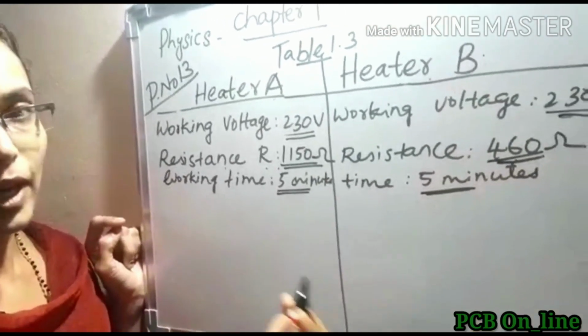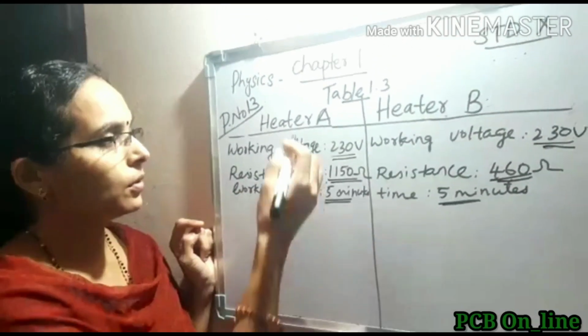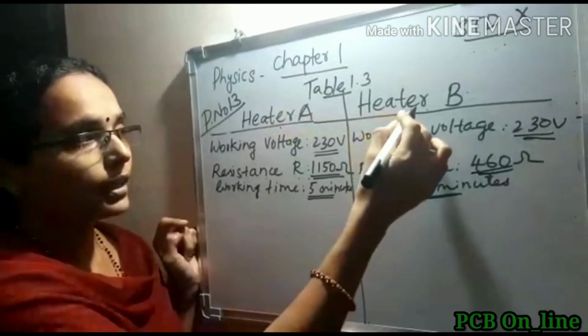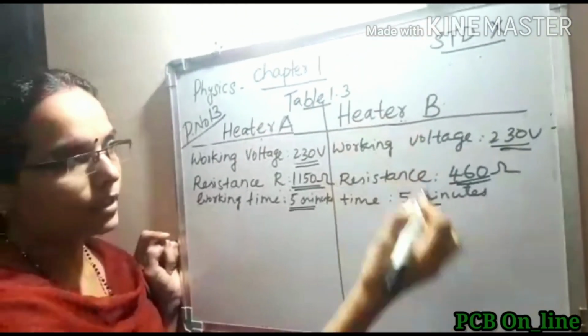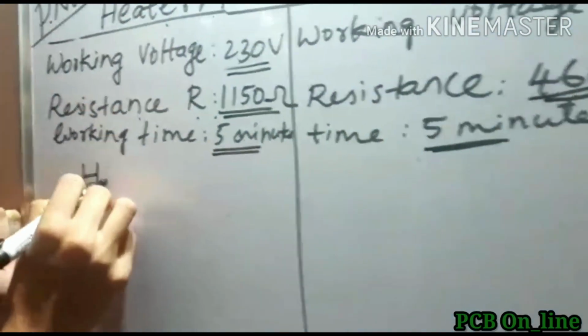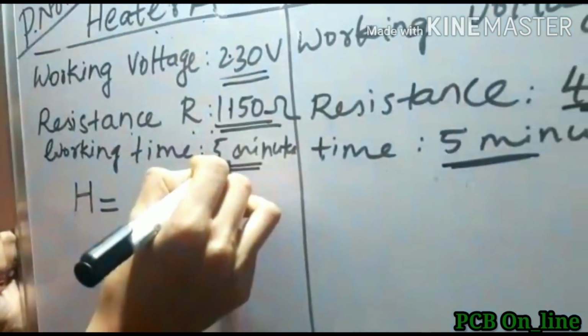Now we have to find the difference in their heat energy, or we have to calculate the heat energy generated by heater A and by heater B. Here heat can be calculated using H is equal to V squared by R into T, since V, R and T are given.